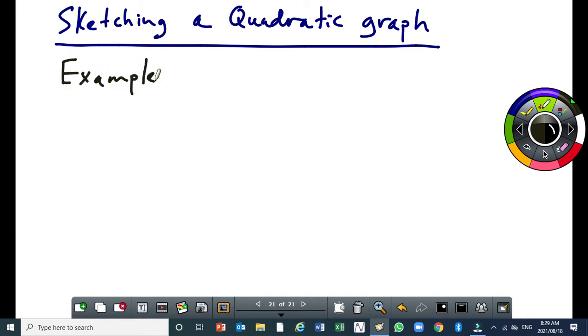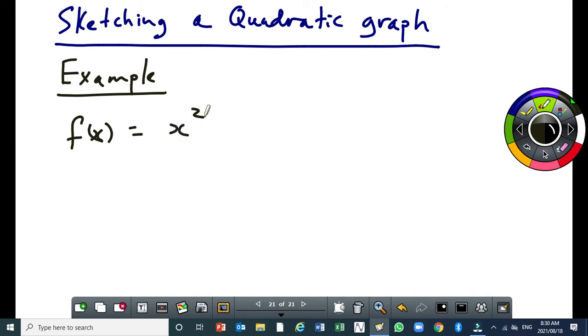Right? Then I also need to give you one question as a class exercise on the linear function in terms of sketching. Just now, let me just do this example. Right, let's sketch the graph of f of x equal to x squared.